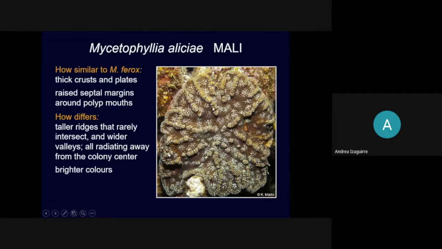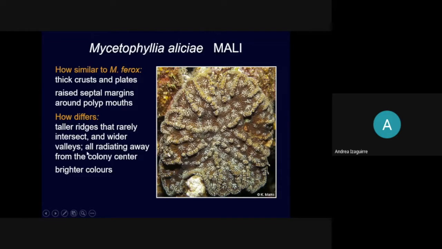So here we have that very distinct white mouth, so I can tell where all of the polyp mouths are because they are white. They're going to be raised, but they won't be bumpy like ferox is going to be. And this one won't have as many colors as ferox is going to have.